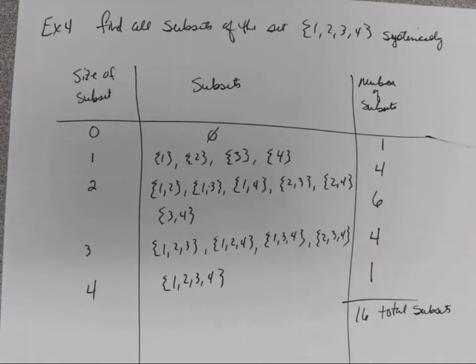All right, so now let's look at another example, using what we've learned here. So here we found all the subsets. Let's generalize this, so that we can see what's happening.